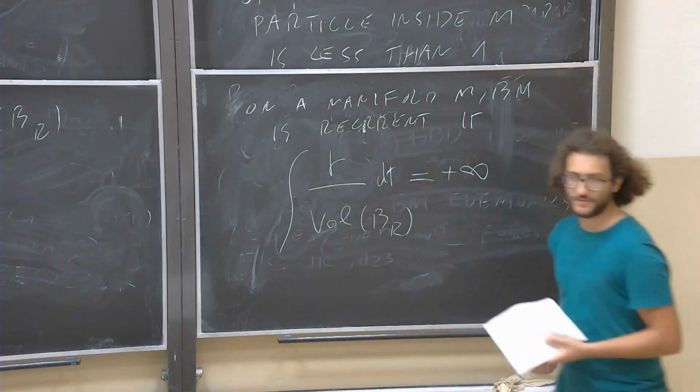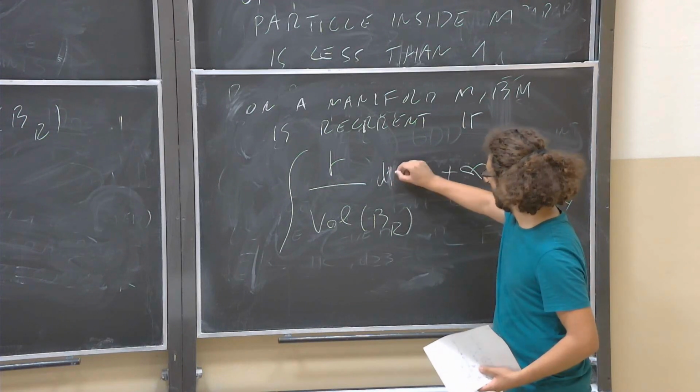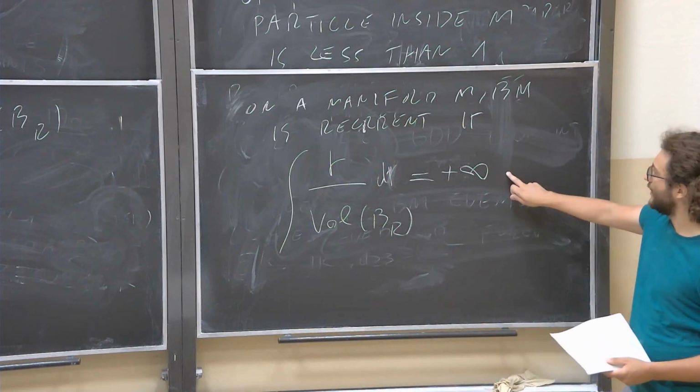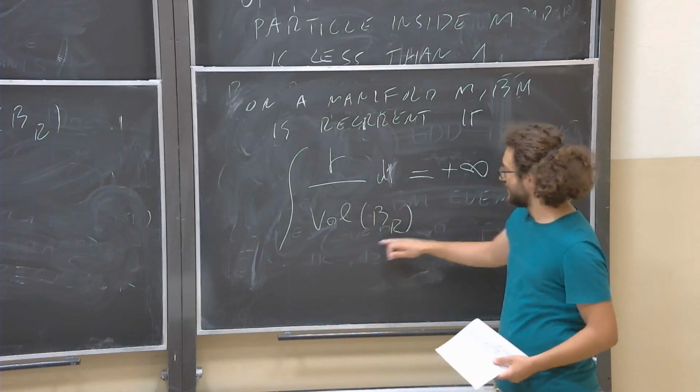So this is the radius in the notion of distance. The integral of the radius over the volume of balls reaches this quantity. So this is telling us that there is not enough space.